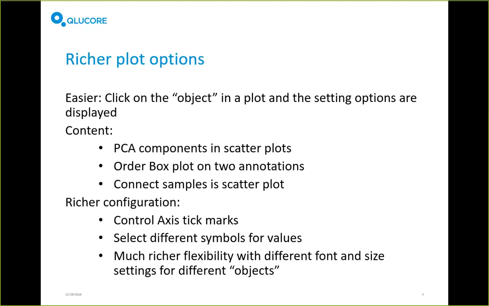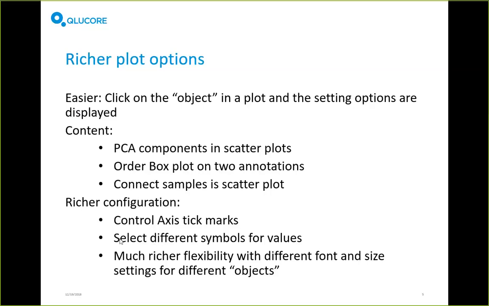You can get more things on the axis, for example, PCA components in the scatter plots. You can connect the samples in a scatter plot, and we have also added fine control over the tick marks on the axes of the plots, because that's typically something we get as feedback from people who want to publish these things in publications.